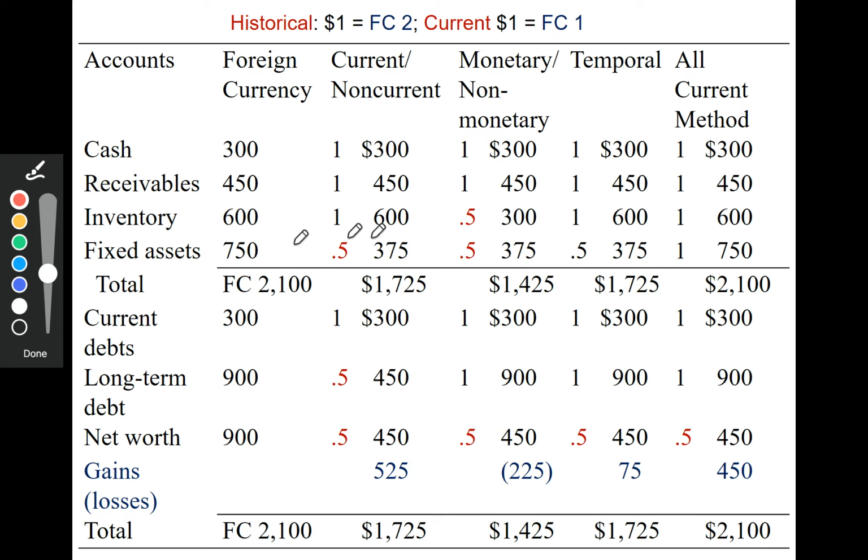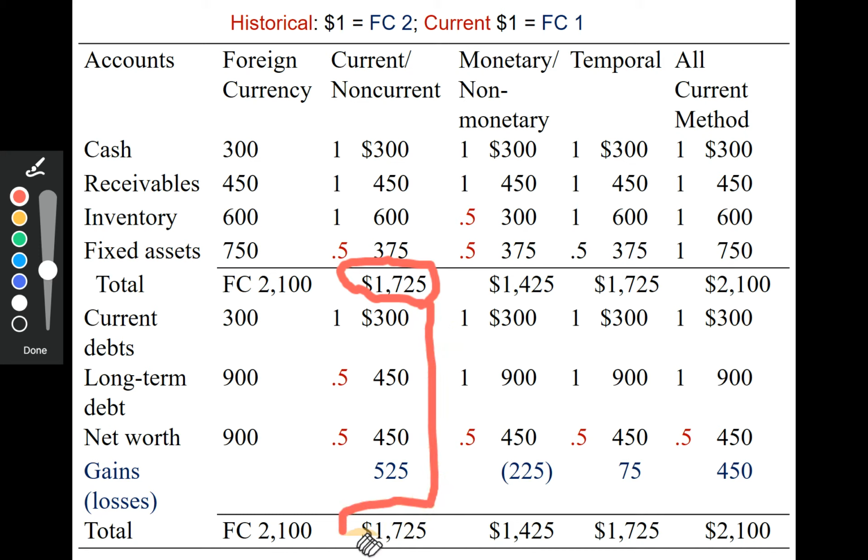Half of 750 gives us $375. Then we add up all the items in the asset side. $300 plus 450 plus 600 plus 375 gives us 1,725. Then we jump to the other end of the balance sheet and we write $1,725 there.